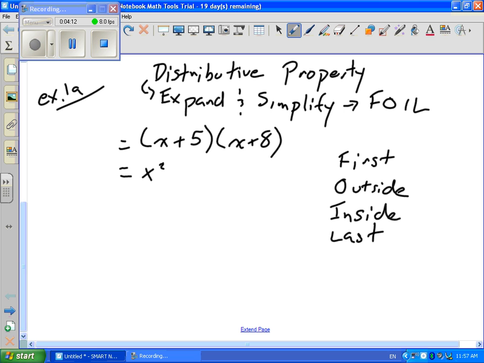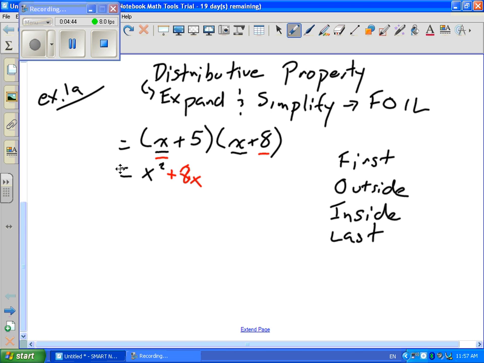So Sheldon multiplied the first two terms. Can you underline the two that you multiplied, Sheldon? The first terms in each bracket. And you got x times x is x squared. That's fine. You keep going. Next, he multiplied the outside terms. So he's going to multiply 8 times x is 8x. Can you underline those two, please? Perfect.